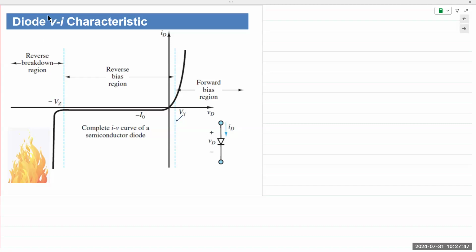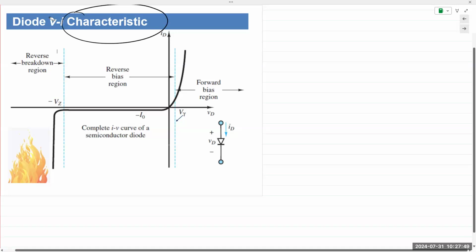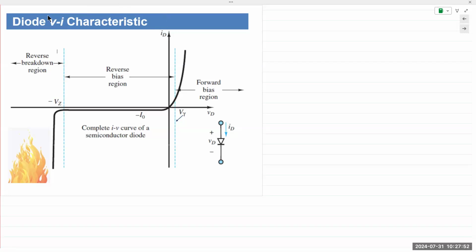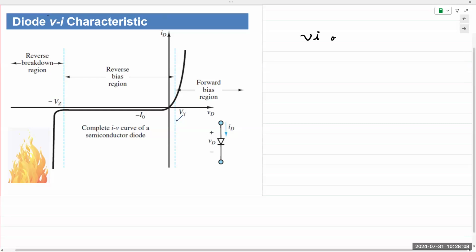In electrical engineering, we use this word to describe devices, components, circuits, lots of things. Basically, it means you are describing a system graphically. So the diode IV or VI characteristic both mean the same thing: the voltage and current, or current and voltage.